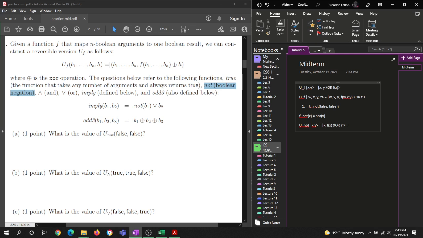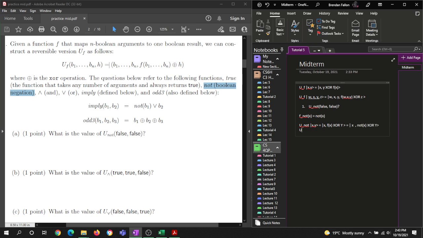And in this case, f of x is our f naught of x, so we're going to replace that with f naught of x, which is just not of x. So skipping a couple steps, it basically would just be not of x XOR y. So that we can then plug in our actual 2 inputs, which are false and false.